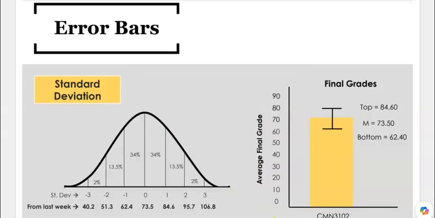The very first one is standard deviation, which is simply the standard deviation around your mean value. The mean value is 73.50, and let's assume the standard deviation is this amount, so let's calculate that.